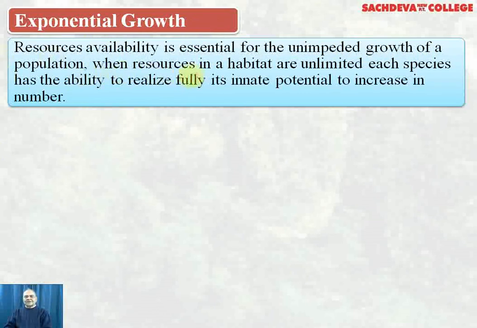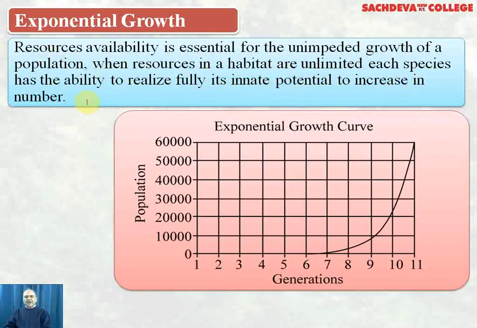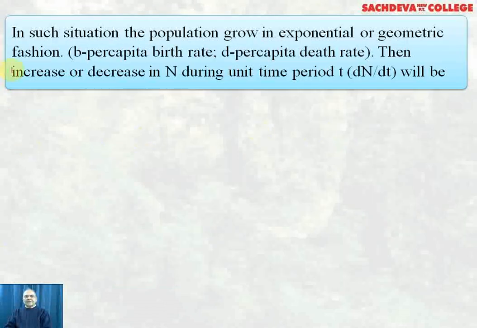When resources in a habitat are unlimited, each species has the ability to realize fully its innate potential to increase in number. The exponential growth is also called geometric growth, and here you will find a J-shaped curve. In such a situation, the population grows in an exponential or geometric fashion.